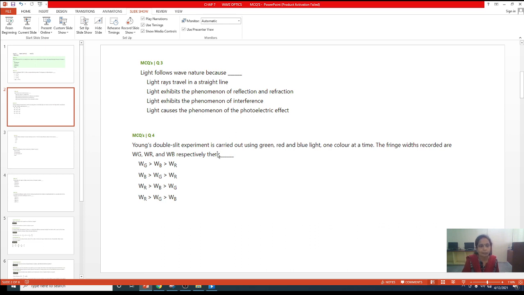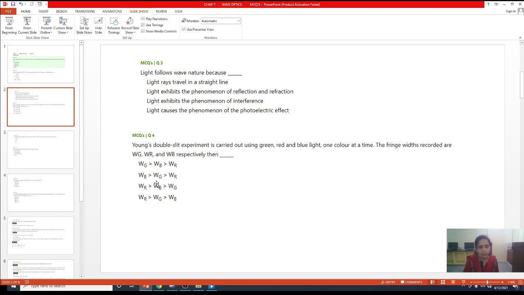Then fourth one, Young's double slit experiment is carried out using green, red, blue light, one color at a time. The fringe widths recorded are WG, means width for green color, WR width for red color, and WB width for blue color.